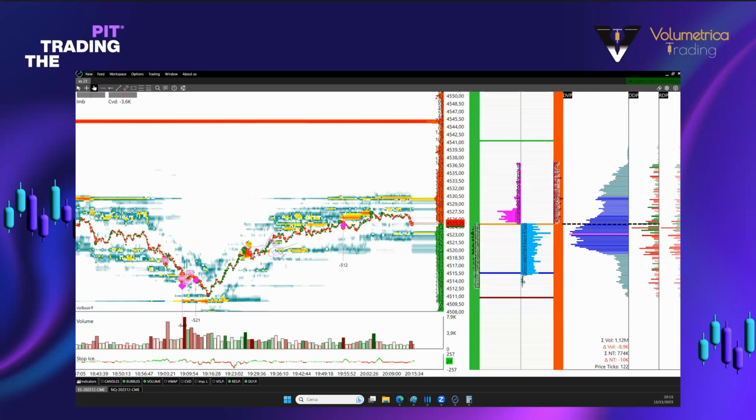There are buyers willing to buy passively at ever higher prices. So they are still passive buyers, but they aren't as passive as they used to be because they are chasing price.